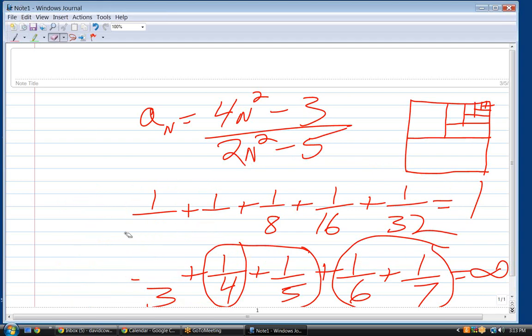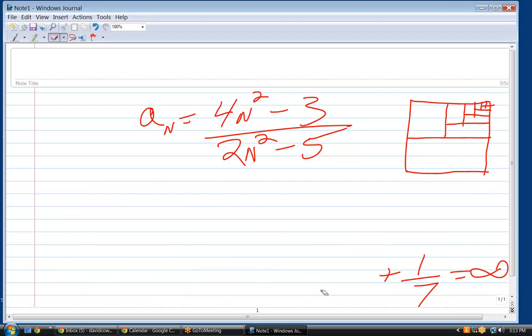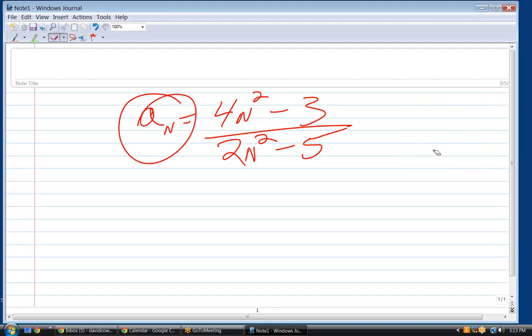One of the things that's absolutely necessary for a series to converge is that the nth term goes to 0. Well, if I look at this function you've given me here, I try to figure out what the nth term is as the limit as n goes to infinity.